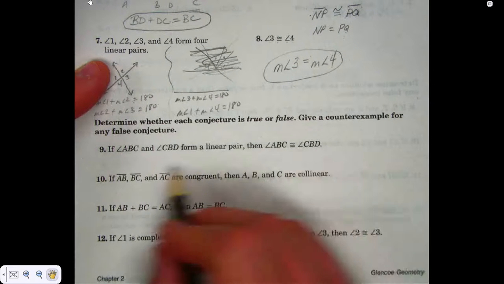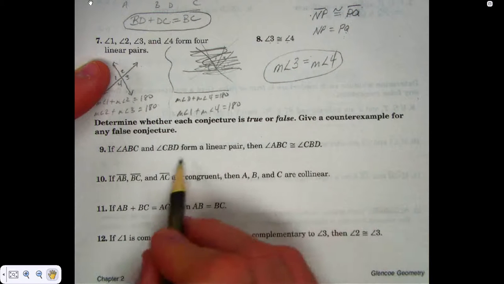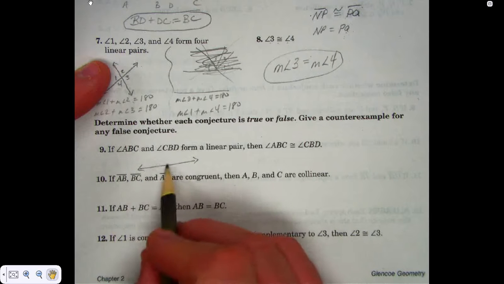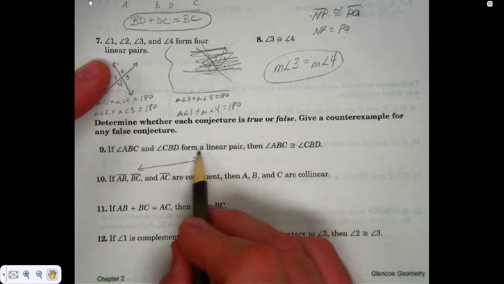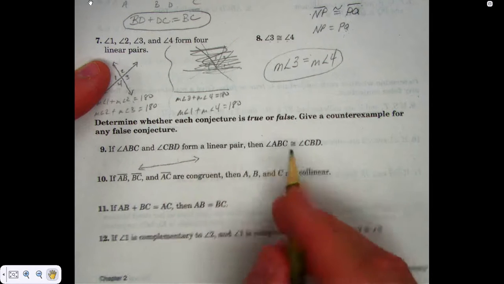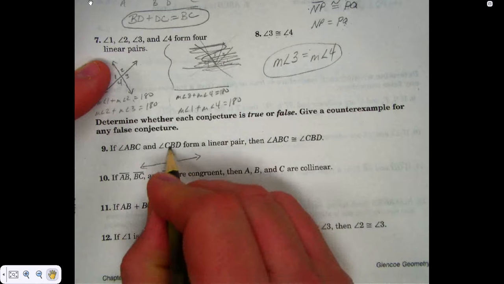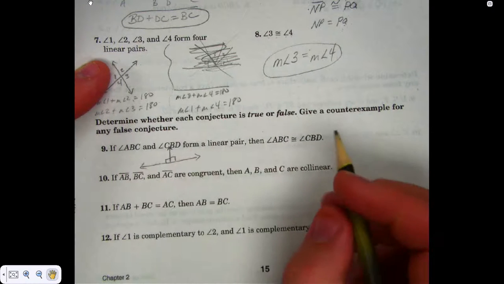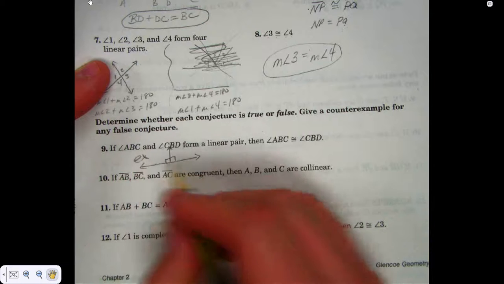For this to be true, what would have to happen? They form a linear pair, so that means the two angles would add together to get what? 180, correct? But I'm saying if they're a linear pair, then the only time that happens is when these are what? 90 degrees, right? That's an example.